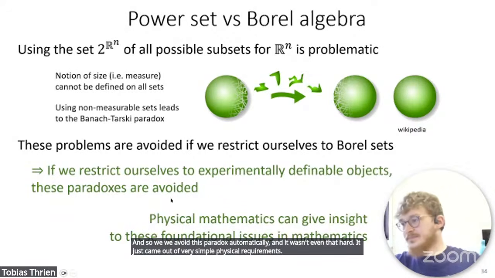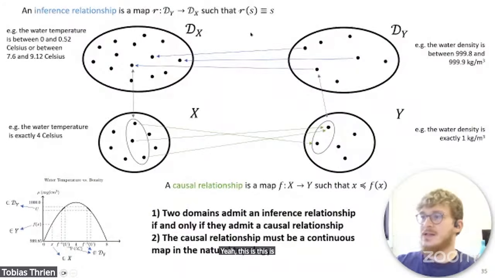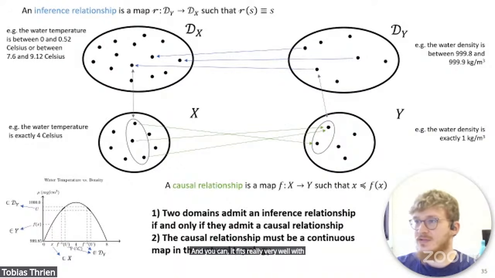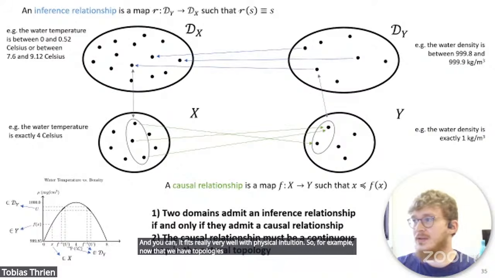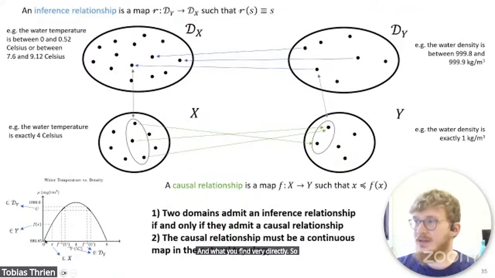So yeah, this is all very nice, and it fits really very well with physical intuition. So for example, now that we have topologies, we can talk about maps between the spaces. And for example, we can basically interpret what continuity really means.